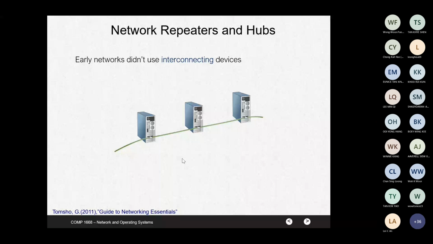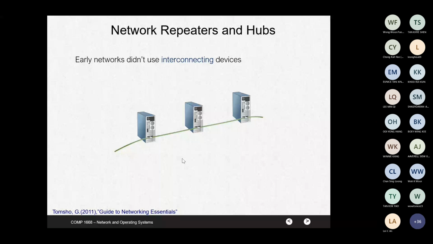Before I move on, let me check and make sure all of you are with me. Otherwise, I'm the only one talking and I really don't know whether you are with me or not. Let me ask you a question. What is the difference between hub and switch?